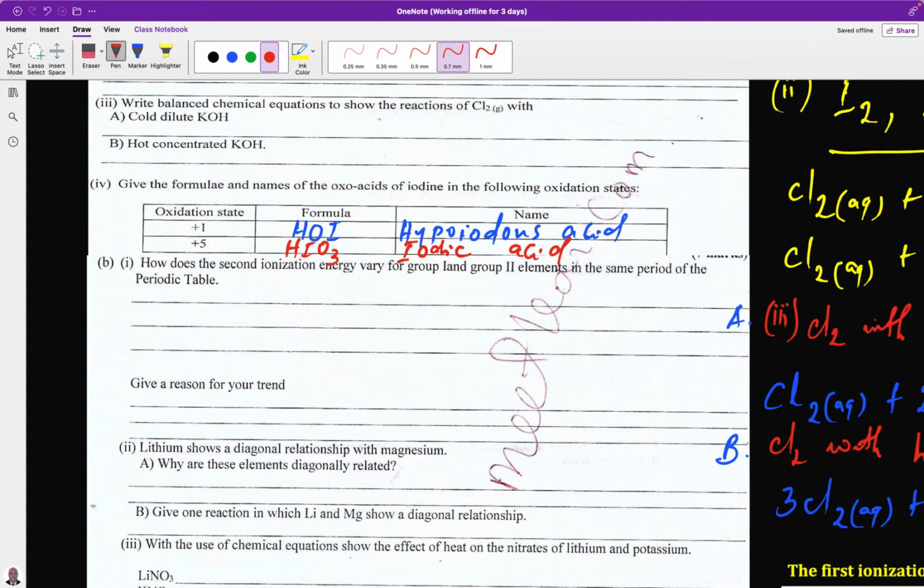If it is chlorine, we'll call it chloric acid. If it is bromine, we'll call it bromic acid. Since it is iodine, we'll call it iodic acid.